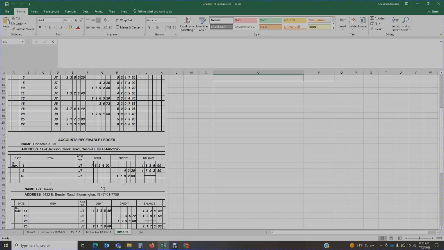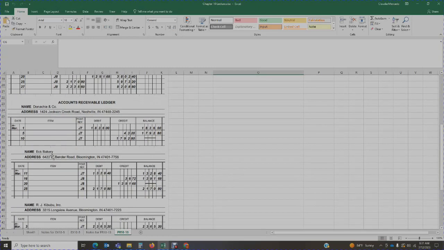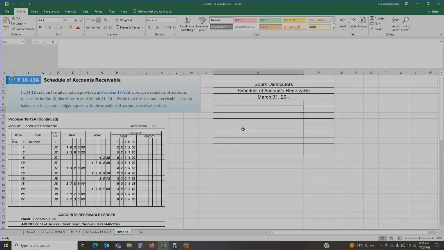Remember, we only bring in the customers if they have a balance. Donachi has a 0 balance, so we're not going to include Donachi and Company. Let's look at Eck Bakery. Eck Bakery owes me 2170.80, so we're going to put Eck Bakery here.